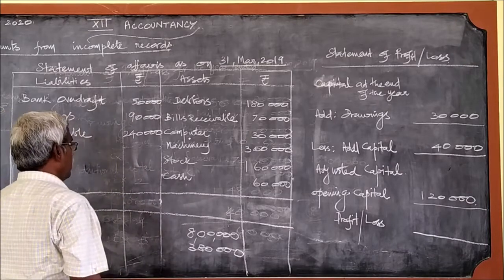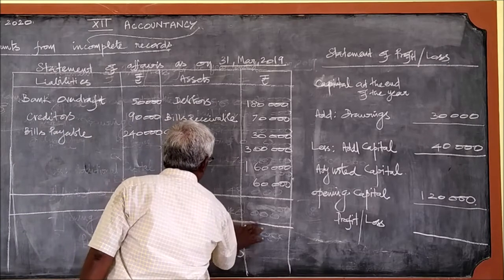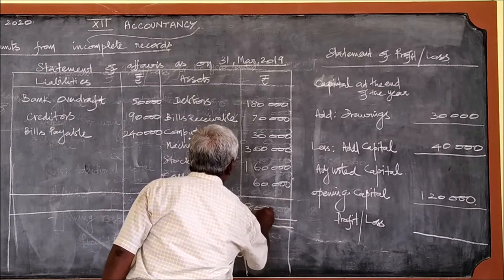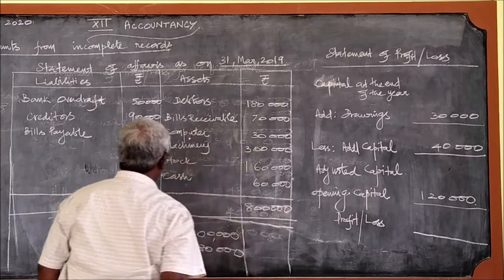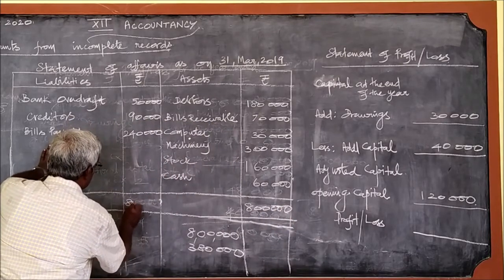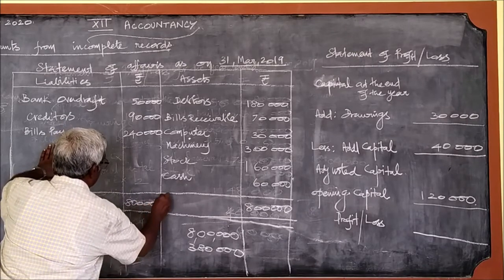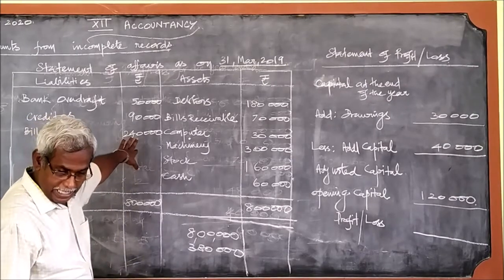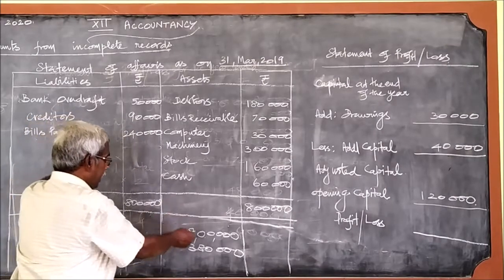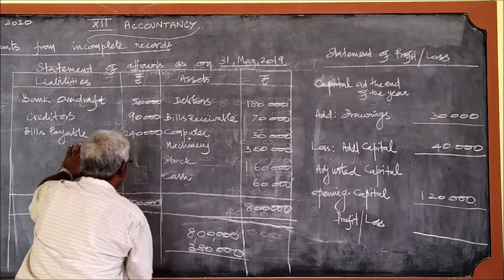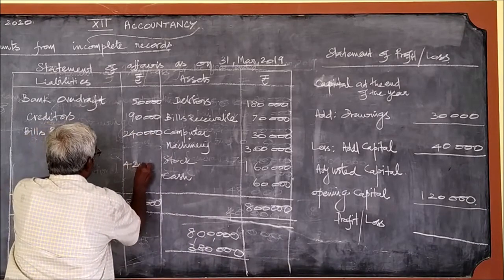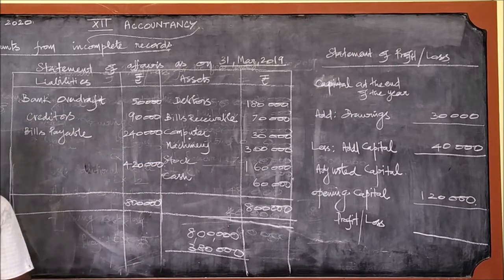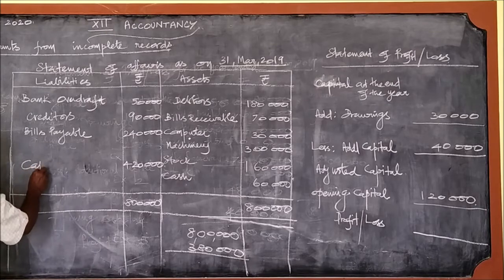Which is the greatest total? 8 lakhs is the greatest total. You write that on both the sides. So how much is missing here? You subtract and find the answer. If you subtract it, you will get 4,20,000. This balancing figure or the missing figure is called the capital.